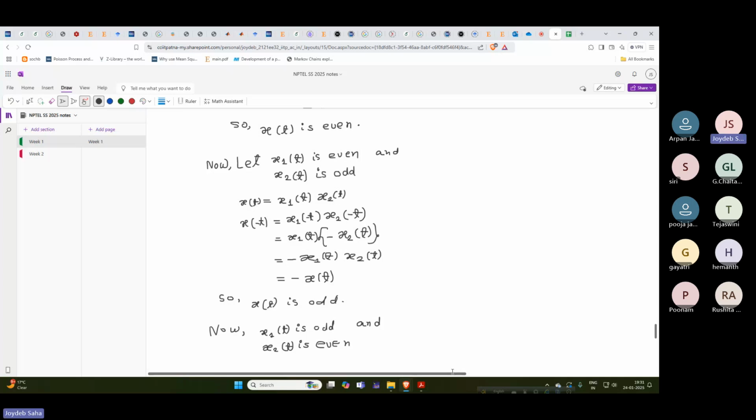Proving this is very simple. It is just like this one.